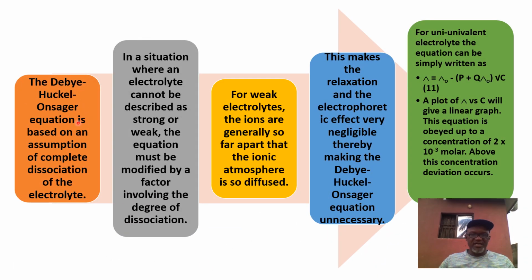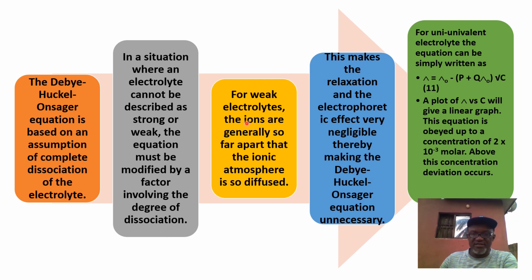So the Debye-Huckel-Onsager equation is based on the assumption of complete dissociation of the electrolyte. Of course, complete dissociation means we are talking about a strong electrolyte. Now, in a situation where an electrolyte cannot be described as strong or weak, the equation must be modified by a factor involving the degree of dissociation.